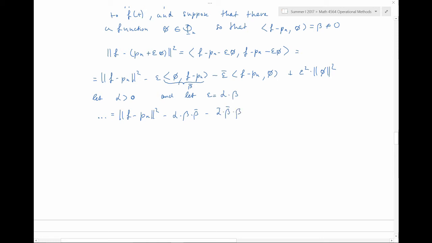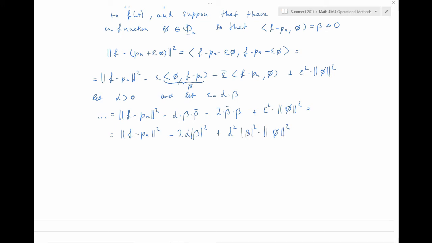But since alpha is a positive number, alpha bar is the same as alpha, plus epsilon squared times the norm of phi squared. So this equals the norm of f minus P_n squared minus 2 alpha norm of beta squared, and epsilon squared here can be replaced with alpha squared norm of beta squared times the norm of phi squared.